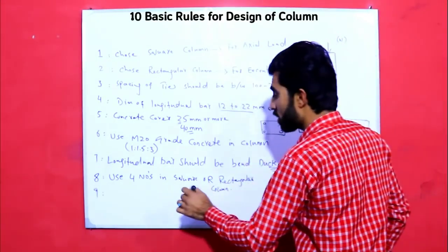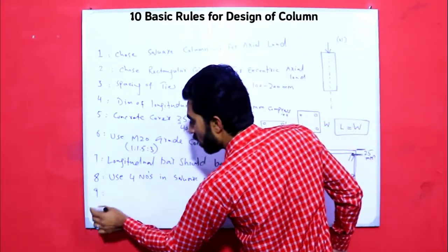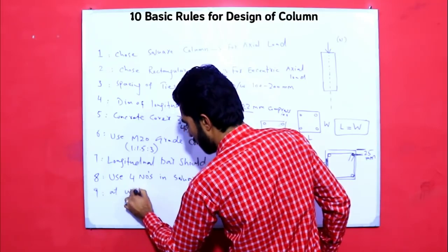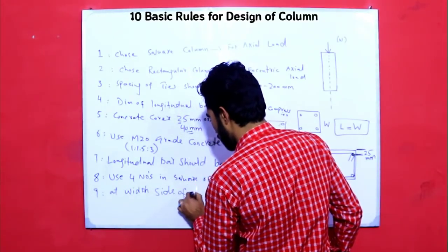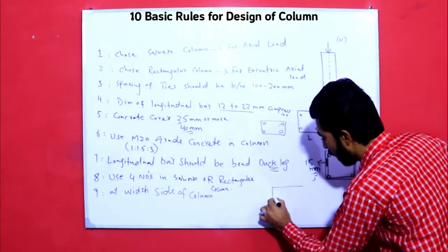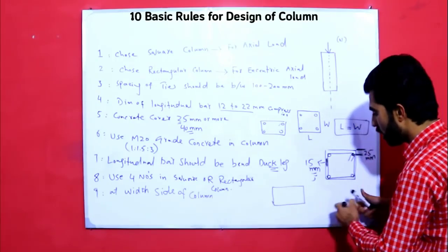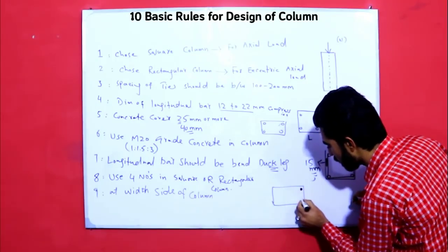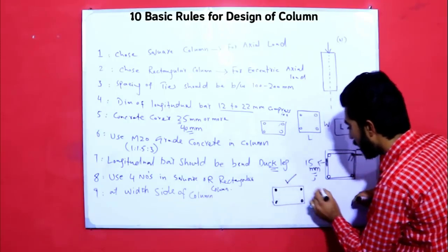But the ninth one is, okay, that is guys, at width side of column, the longitudinal bars should be, as you can see, okay, it should be at outer side like this. Okay, so this is okay, not like this.